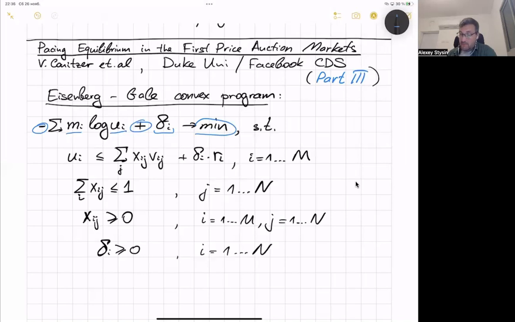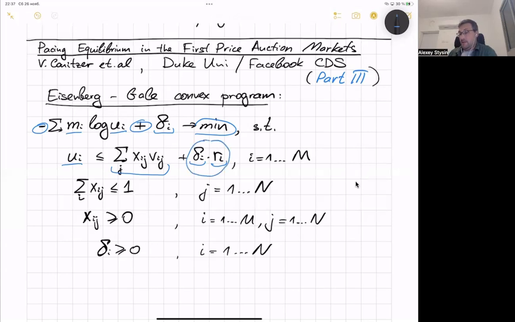Then we have the constraints for this problem. The first constraint expresses this idea of agents being utility maximizers. The utility of agent i is the sum of the value that it gets from participating in this auction, plus the remaining part of his budget times the minimum rate, minimum ROAS.